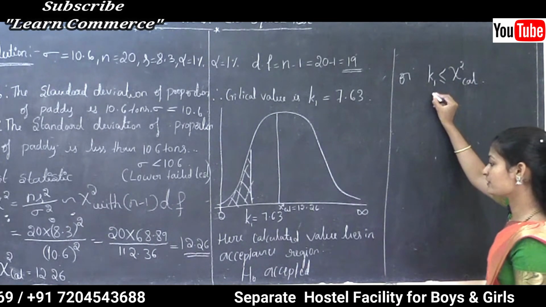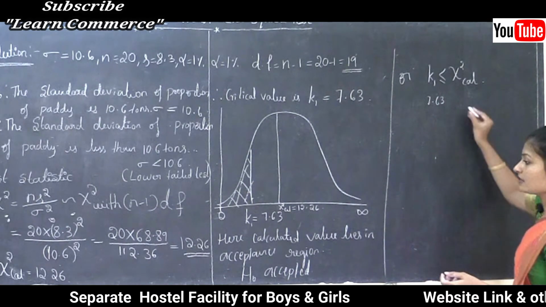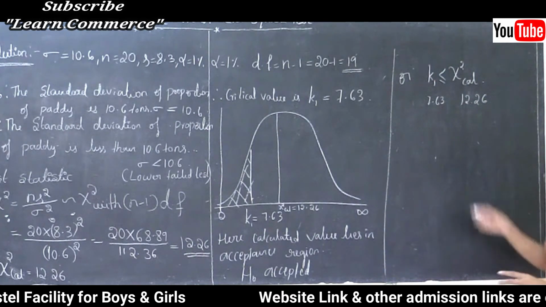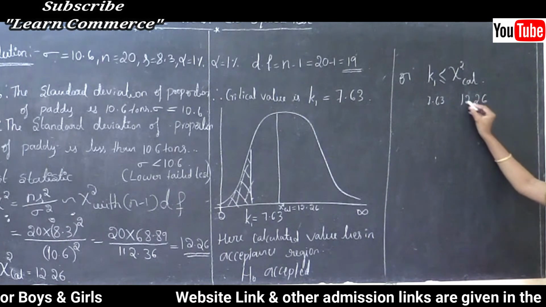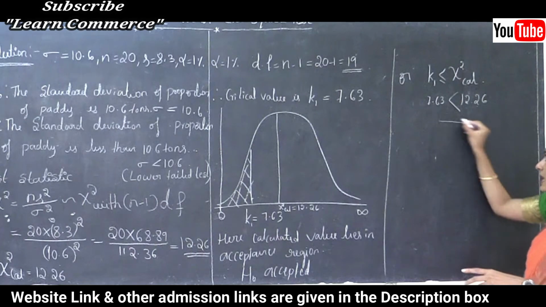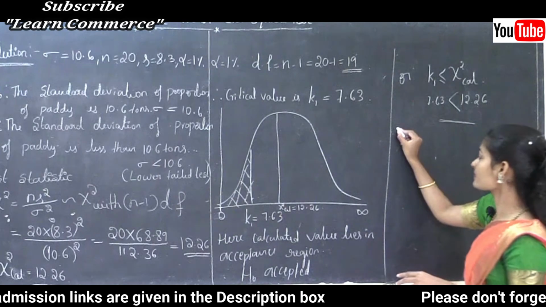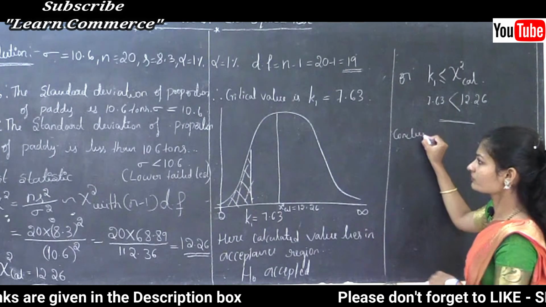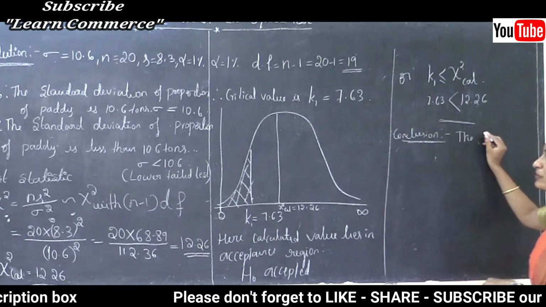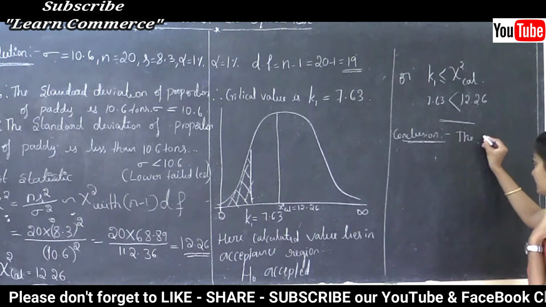Here the K1 observation is 7.63 and the chi square observation is 12.26. See, 12.26 is greater than 7.63, so we can say H0 is accepted. If H0 is accepted, therefore the conclusion is the standard deviation of production of paddy is 10.6 tons.